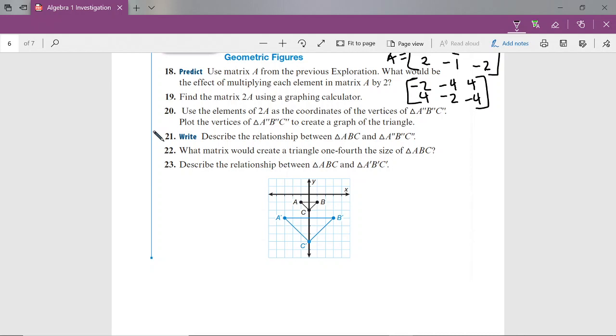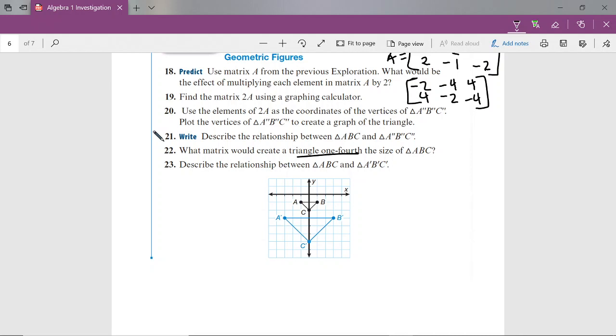But for this, I would say just 1/4 times the matrix for ABC. All right, let me just check. All right. So, in this case, yes, in general, if I want a triangle that is 1/4 the size of triangle ABC, I would be using 1/4 of each of those coordinates.